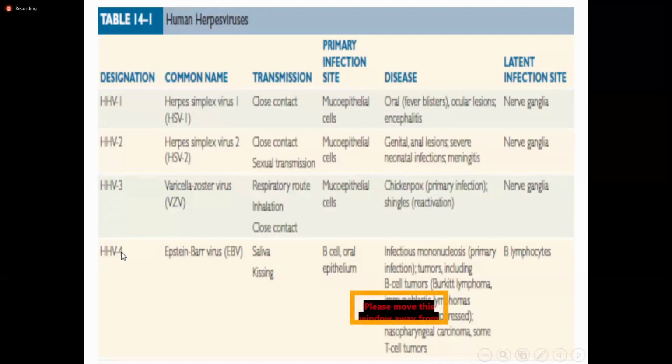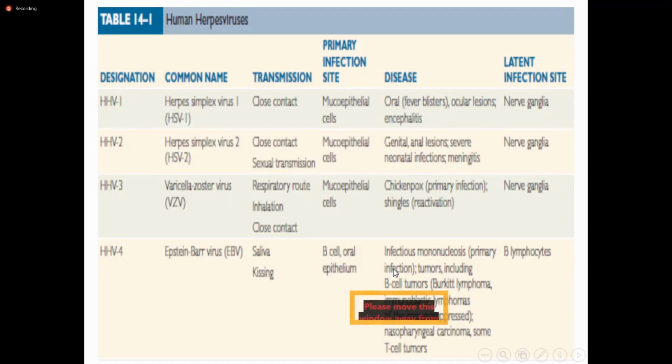HHV4, Epstein-Barr virus, can be transmitted by saliva and kissing. Primary infection is in B cells, B lymphocytes, and oral epithelial cells. As I said, it can cause infectious mononucleosis, which is primarily a B cell infection.